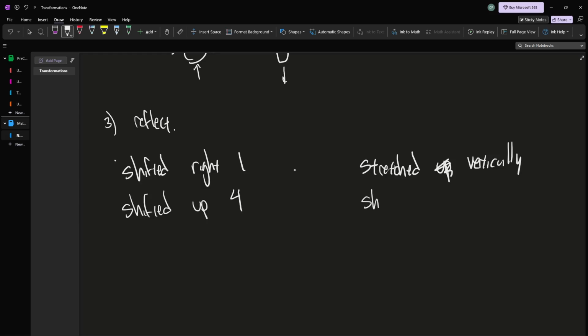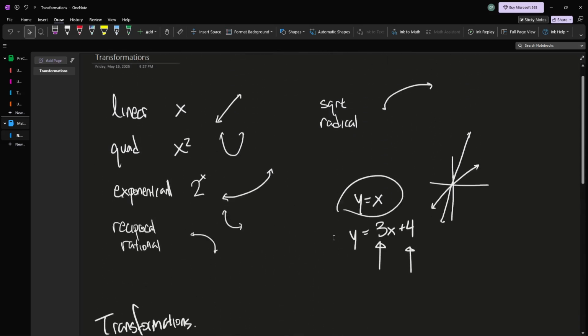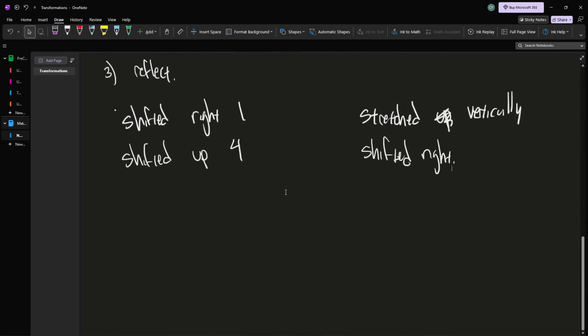Then we shifted right. Or we shifted down. So this is one way that we will try to solve these problems.